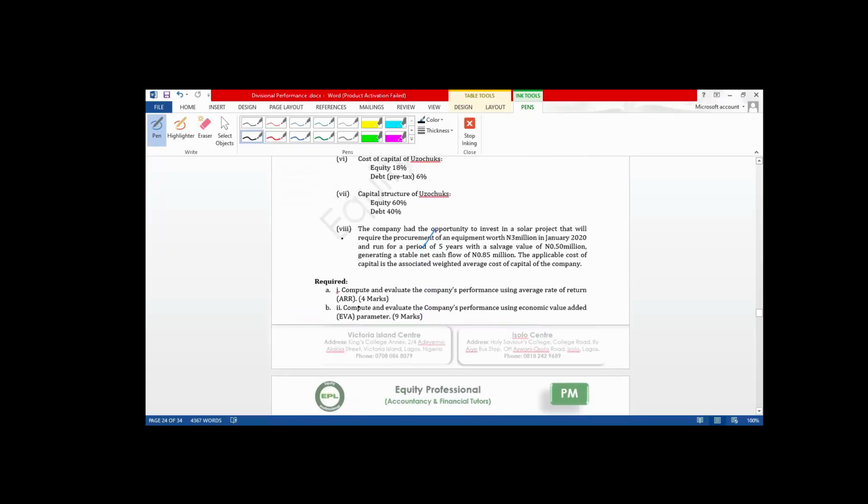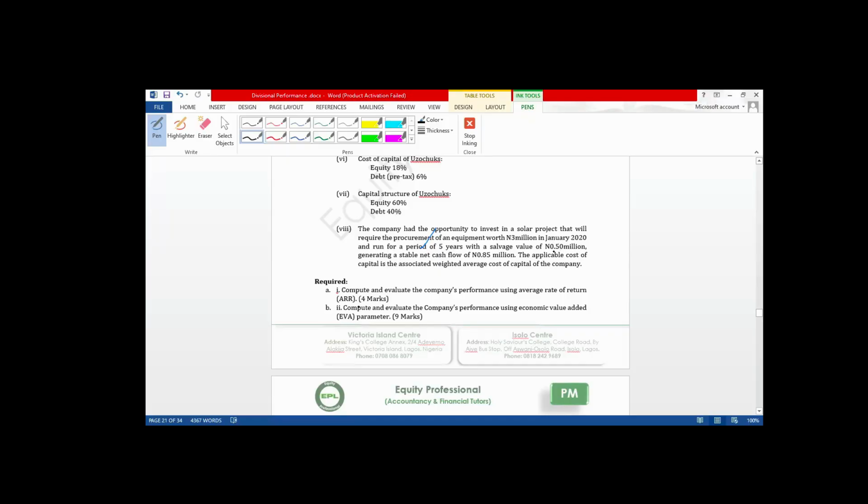Look at the last note here. The company had the opportunity to invest in a solar project that will require the procurement of equipment worth 3 million. That is the initial investment amount. The project will run for 5 years with a salvage value of 0.5 million.